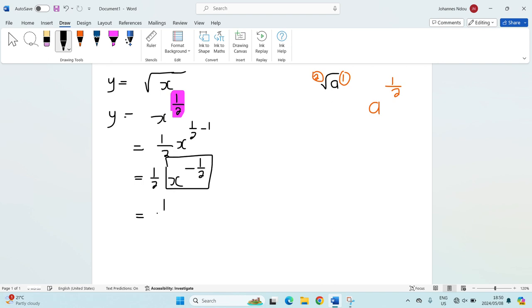This will be the same as 1 over 2 x to the power of 1 over 2. And what do you say about a to the power of 1 over 2? It's the same as square root x. So our final answer will be, you can leave it here, or you can go down and write this as 2 square root x. I hope it's clear. So this is how you can do this.